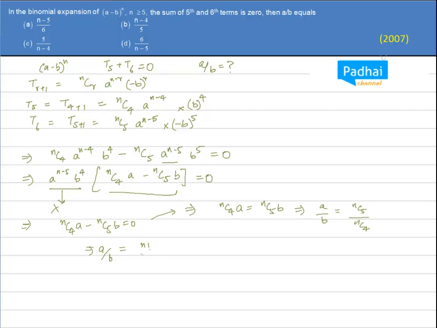So this is n!/((n−5)! 5!) divided by n!/((n−4)! 4!). So n! and n! get cancelled out. 4! will cancel with 5! leaving 5, and (n−5)! cancels with (n−4)! to give n−4 only.